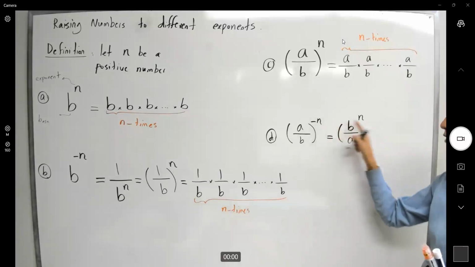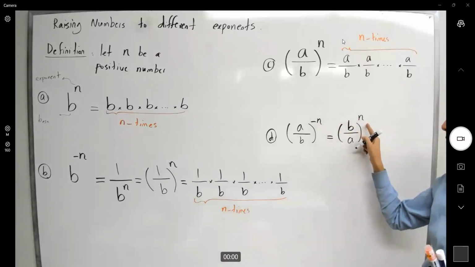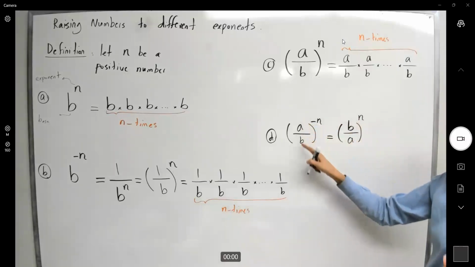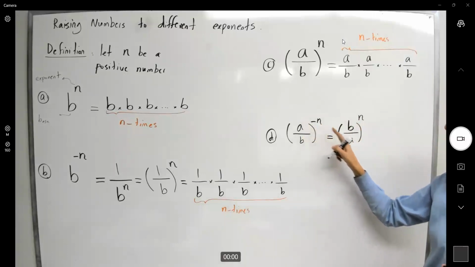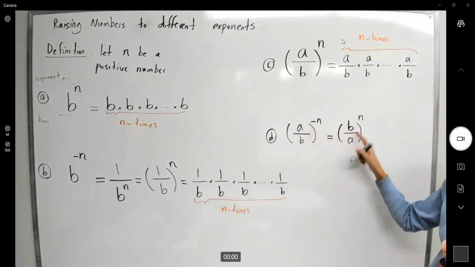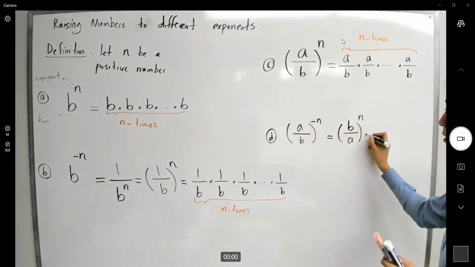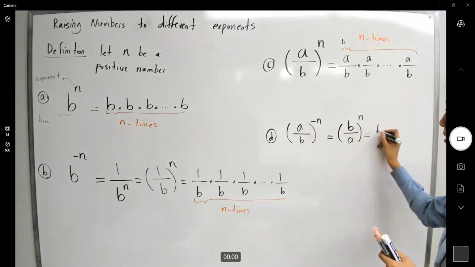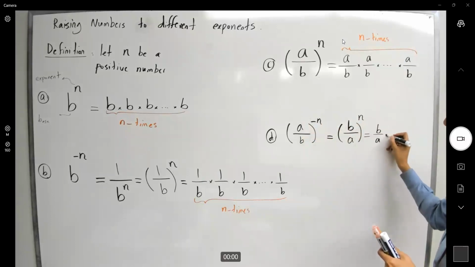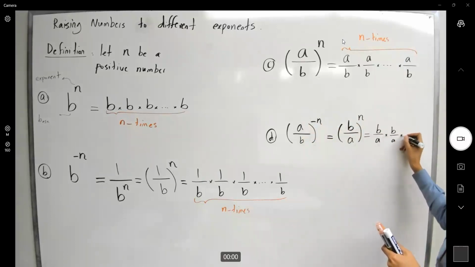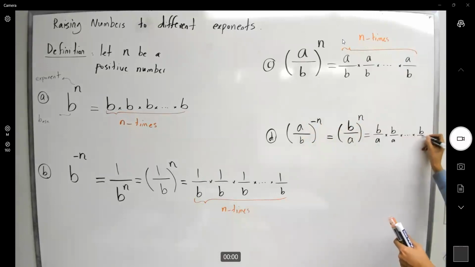Guys, notice the difference between the negative and positive exponent. A over B is raised to negative n. You can flip your fraction. You get B over A to power n. It means that I'm multiplying B over A by itself n times.